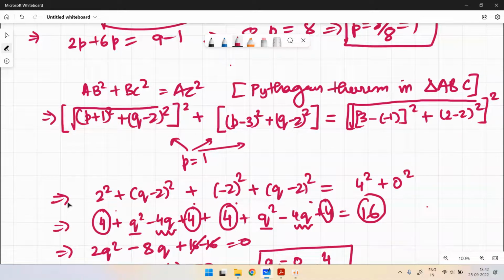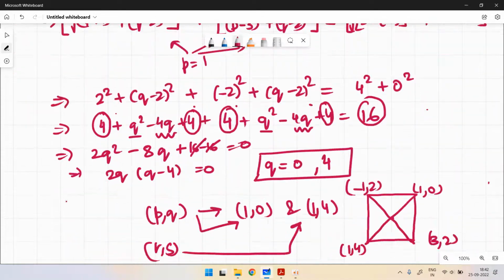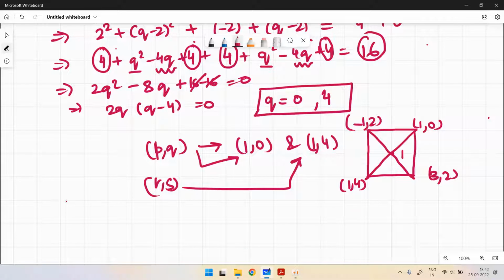So this center point, we have already calculated, is 1 comma 2. You have calculated using minus 1, and using this relation you have calculated. Now you need to calculate using this relation. So if you check this, let me again think.